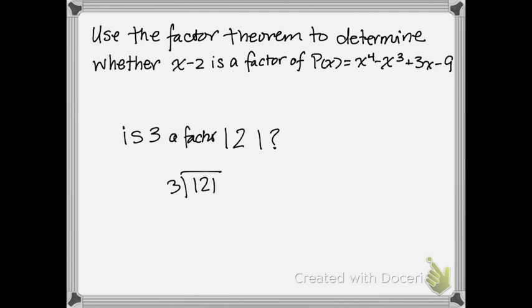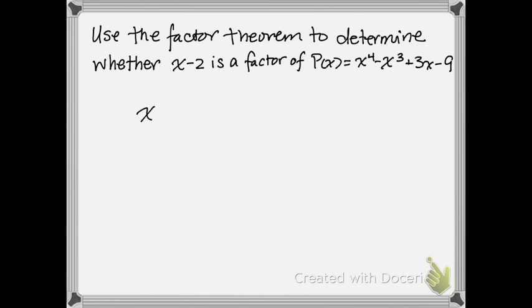Of course, there's another shortcut method for determining that, but this is one way that we could do it. We could do it by division. Likewise, with this problem, a way of determining if x minus 2 is a factor of this polynomial is to divide the polynomial by this potential factor. And this is going to be the bulk of our discussion for this video.